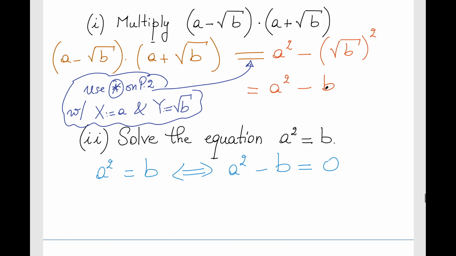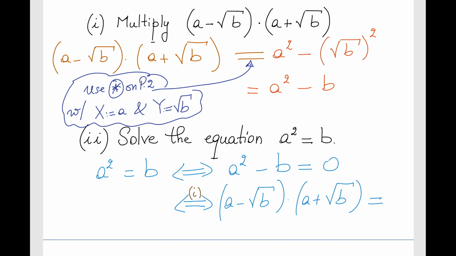That a squared minus b is equal to this product. Correct? So because of part 1 above, I can replace a squared minus b by a minus square root of b times a plus square root of b. Correct? This is the left-hand side, equals 0. Make sense?